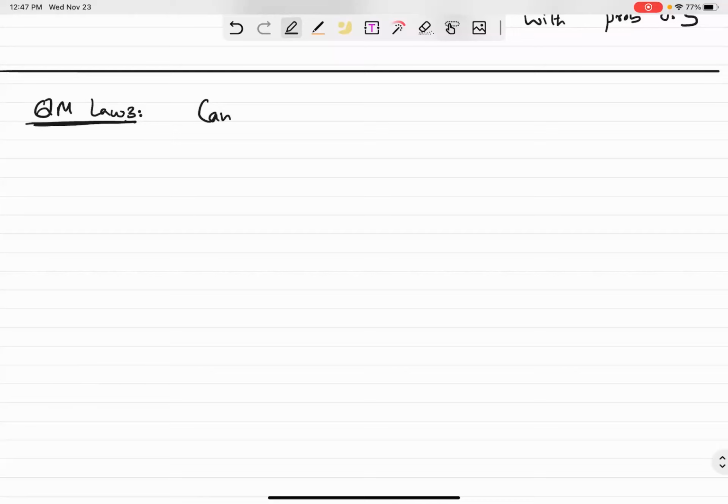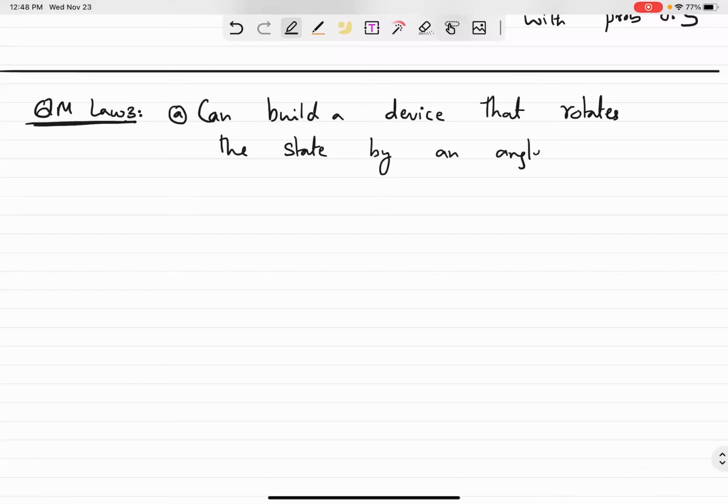So let's say 3A is we can build a device that rotates the state by an angle. Measurement is destructive.